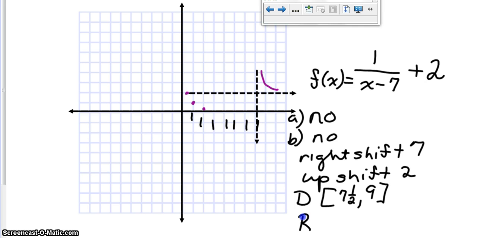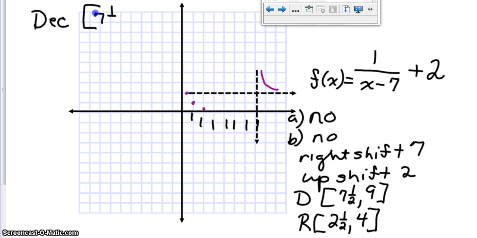Okay, what about my range? Well, this is a half, so that's 2.5. And this is 2, so 2 plus 2 is 4. All right, so far so good. This is decreasing. It's a decreasing interval. Remember, decreasing is defined by the domain.